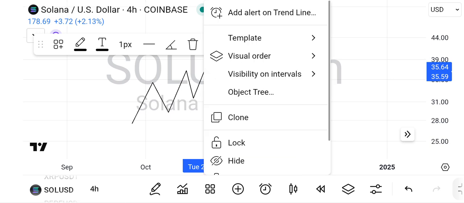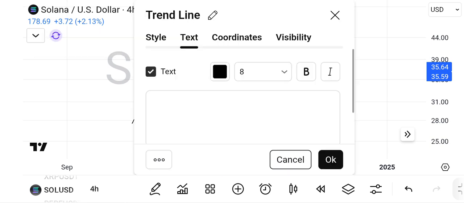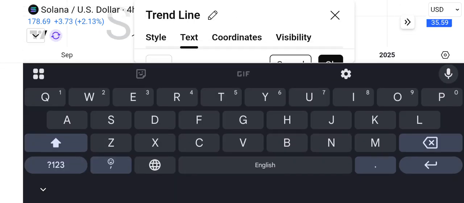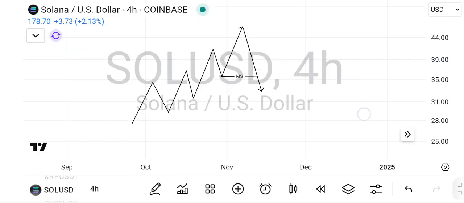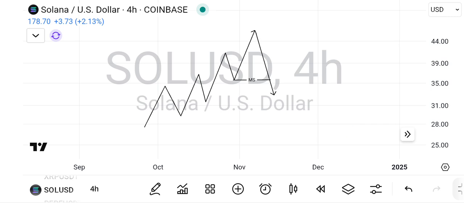So you can call this the market shift. Now this signifies that the trend is about to change to a downtrend.